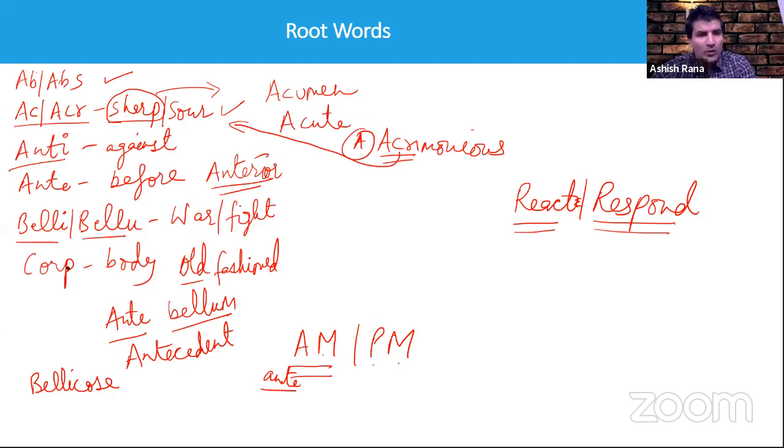Now see, corpse, you have CORPSE, that means dead body, right? Contact is not correct. Okay, great, excellent. So lots of people are saying lots of interesting words. This is how we can build on our vocabulary.